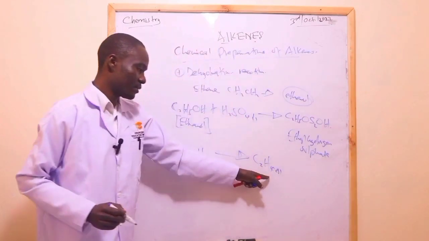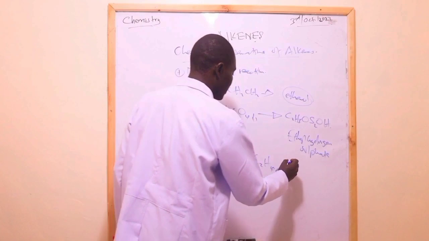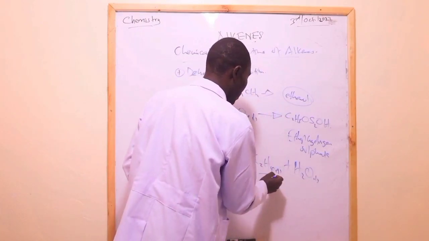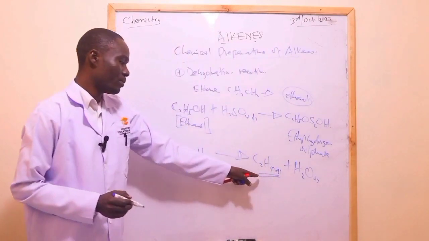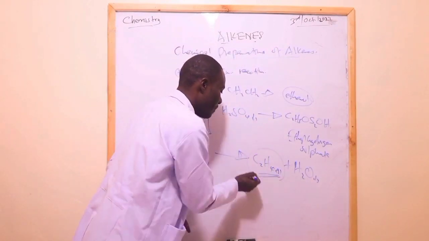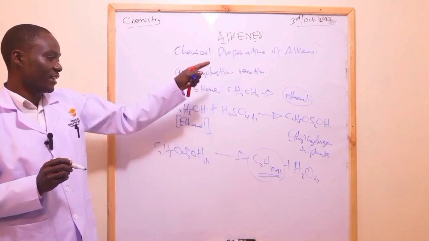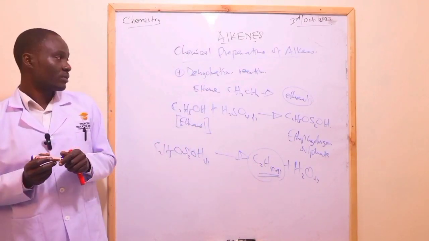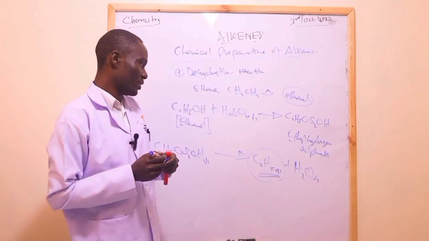This is ethene gas, of course, plus water. So this is how a member of alkene, in this case the first member, ethene gas, will be prepared by the dehydration process.